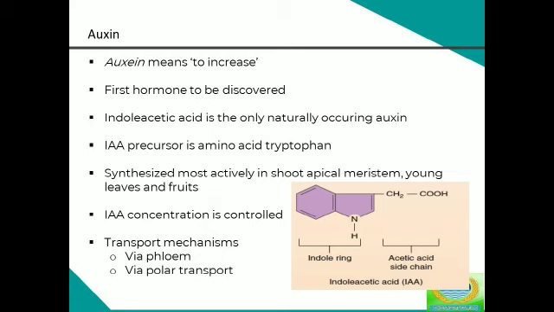This was the first hormone discovered, in 1926, while studying positive phototropism in oat seedlings. Indole acetic acid, or IAA, is the only naturally occurring auxin, although many artificial compounds with indole acetic acid-like activity are present.